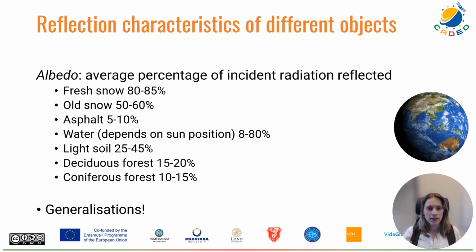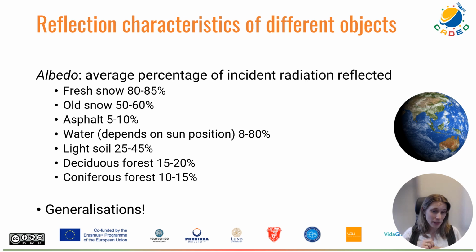It's white. And then when snow gets older, the albedo lowers to 50 to 60%. Asphalt, on the other hand, is very dark. It doesn't reflect a lot of light. That's why it's black or dark. About 5 to 10% of the light gets reflected.